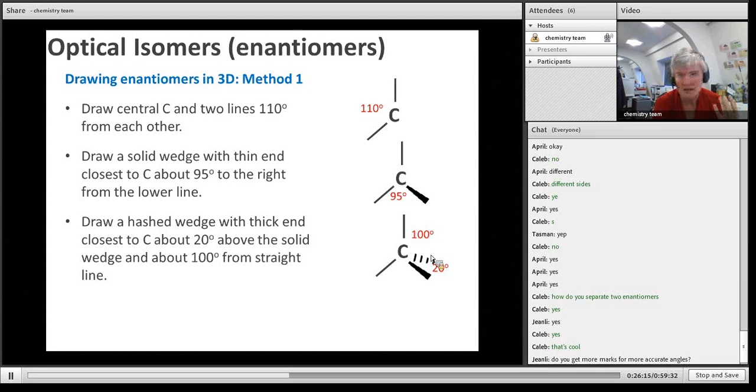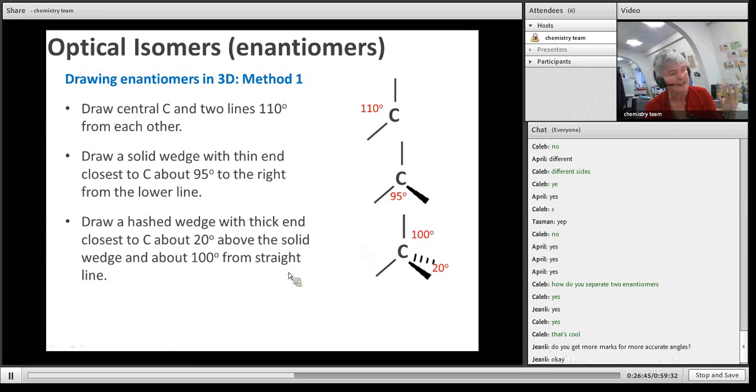Normally, even for achieved, if you've shown the 4 different groups around that carbon, they'll still accept it no matter what your bond angles. You don't have to be absolutely exact. So please don't sit there with a protractor and try to measure your bond angles. As you can see, I've just done it approximately 110 when it's supposed to be 109.5. So just get the general idea.